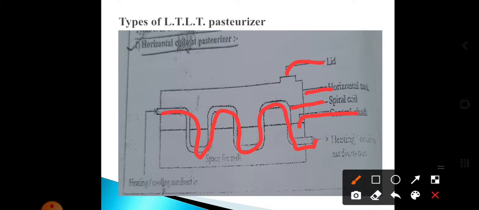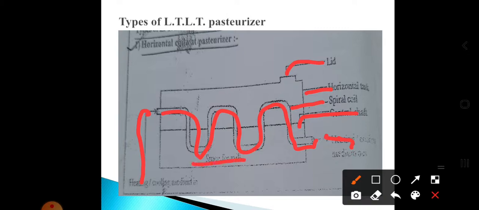And it is the heating medium outlet, and it is the heating or cooling medium inlet. Heating or cooling medium outlet and heating and cooling medium inlet is there.